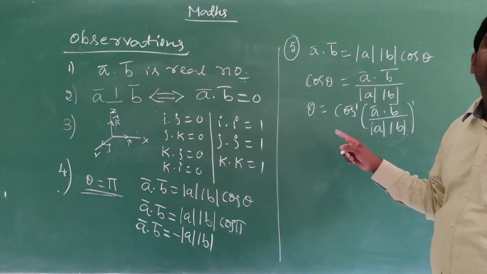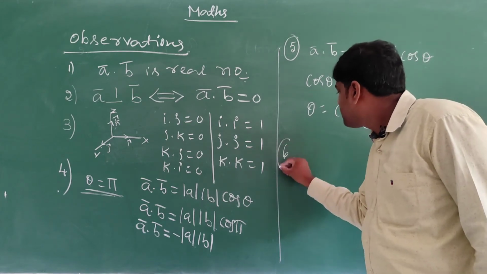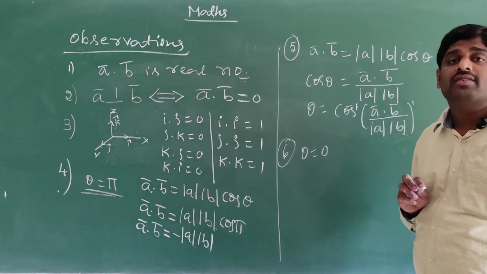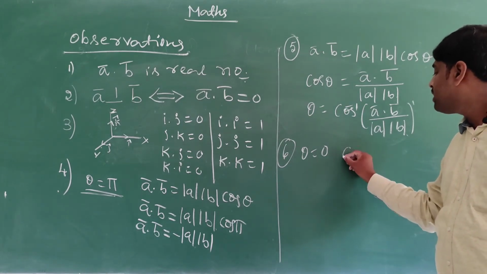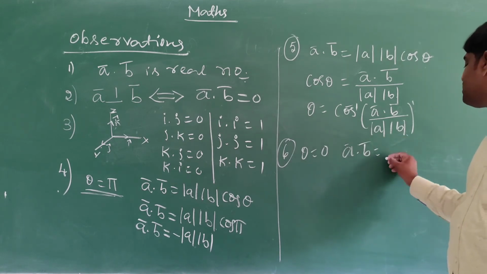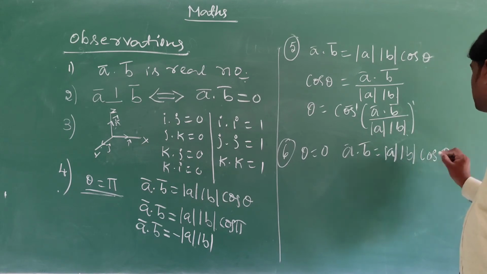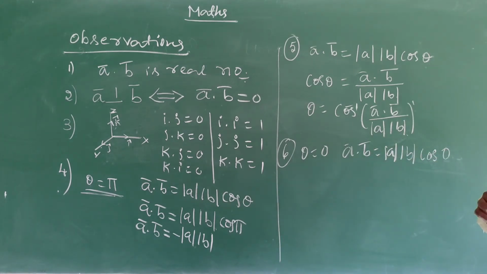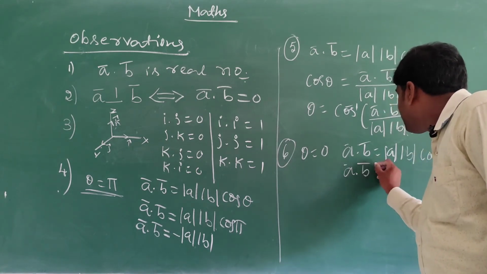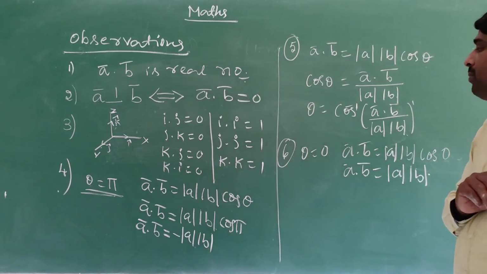This is the angle between two vectors formula. Come to the next point. Suppose if theta is equal to 0, therefore a bar dot b bar equals magnitude of a bar, magnitude of b bar into cos 0. Cos 0 is how much? 1. That is a bar dot b bar equals magnitude of a bar, magnitude of b bar.